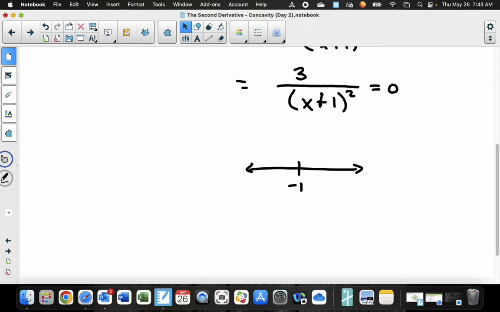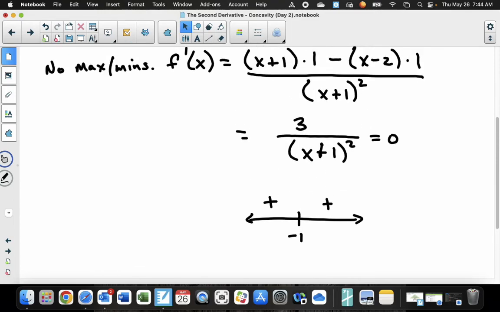And the denominator is also always positive because it's squared. So regardless of what you plug in, you're always going to get a positive answer. Okay? So this one is increasing on both sides of the asymptote.